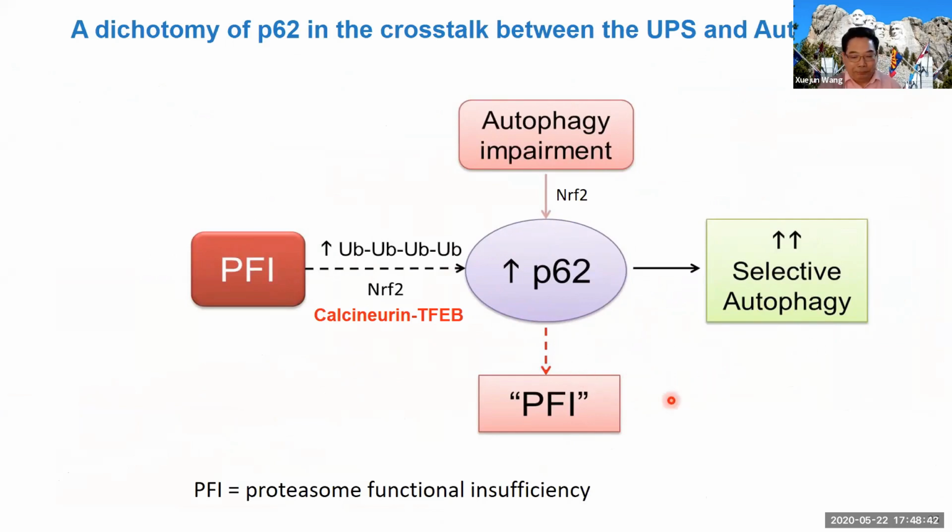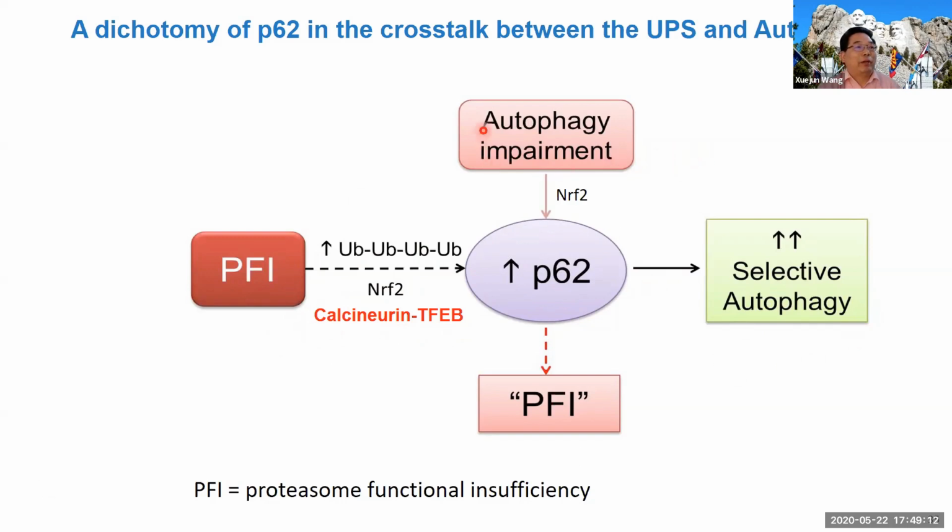In one direction, proteasome malfunction, through NRF2 or accumulated ubiquitinated protein, and here the newly documented TFEB pathway, increases P62, and P62 will in turn help promote activation of selective autophagy, presumably for removal of ubiquitinated proteins, especially in aggregate status.